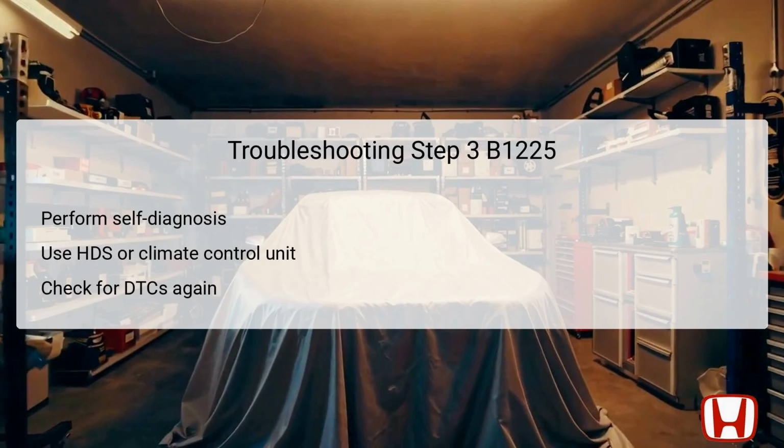This self-assessment process checks the functionality of the in-car temperature sensor and the associated circuits to ensure everything operates as intended. After running the diagnostic, it is essential to verify if the DTC B1225 appears again. If it shows up, this indicates that the problem persists and requires further investigation.